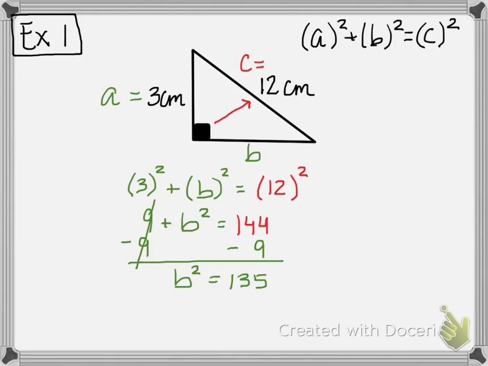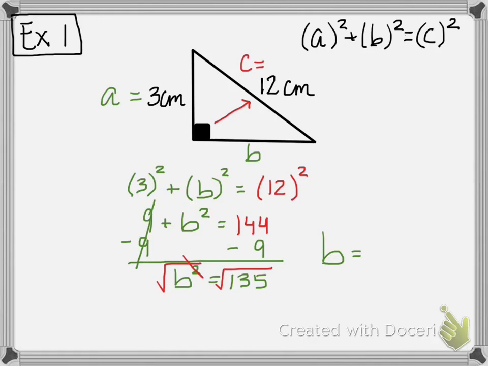Our last step here is to take the square root of both sides to get rid of that radical, which means I'm just left with the letter B, kind of how in lesson 1 we were just left with the letter C.